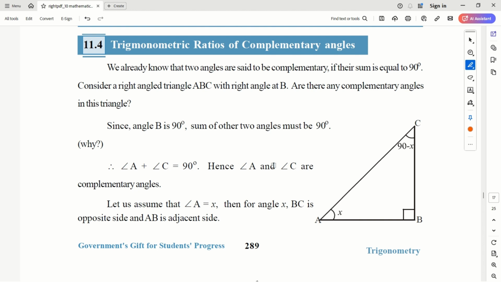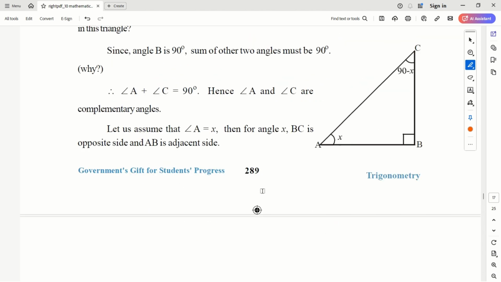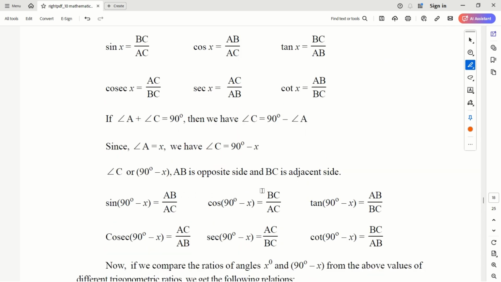Now, what is the relation between these trigonometric ratios? Sine of C is equal to cos of A, correct? Tan of C equal to cot of A. If you see the table which we prepared, you can easily observe that sin of 90 minus x equals cos x.